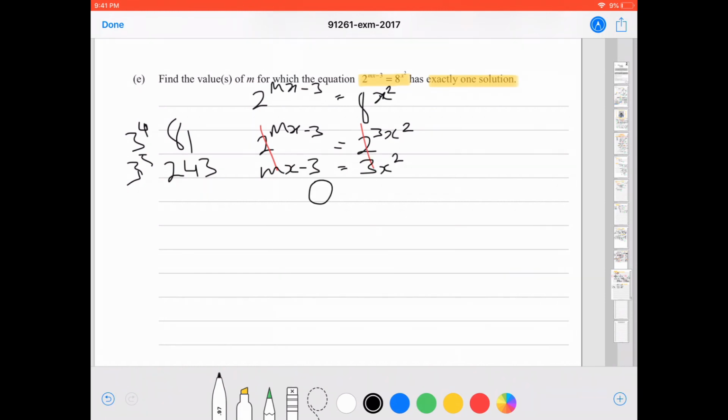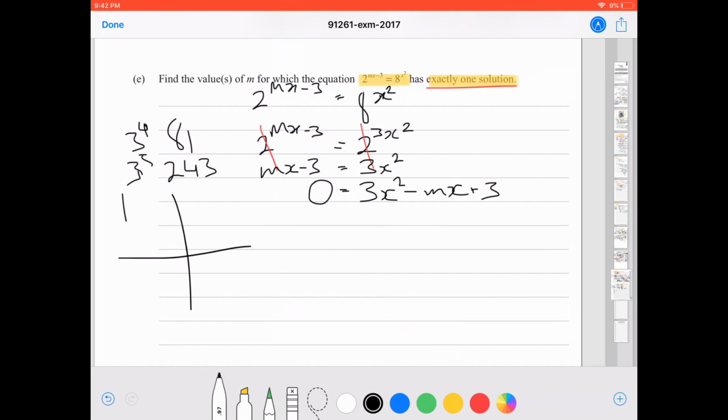Let's bring everything to one side. We'll bring everything to the right-hand side, keep our x squared term positive. 3x squared minus mx plus 3. And so this is our equation here. It's asking for what values of m does it have exactly one solution. Again, we can draw it.